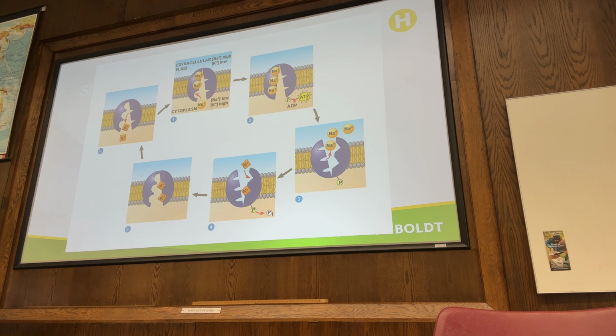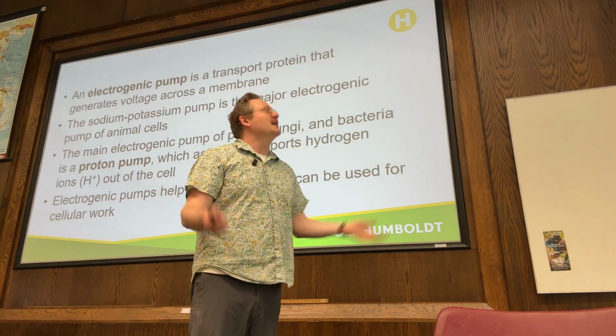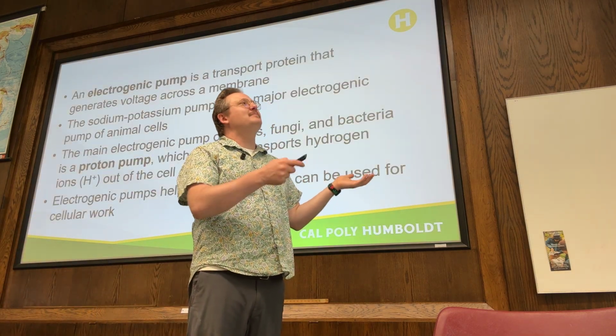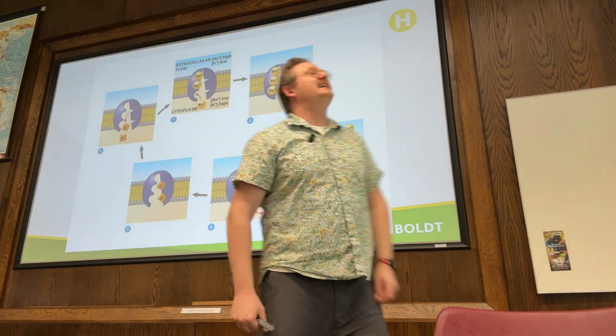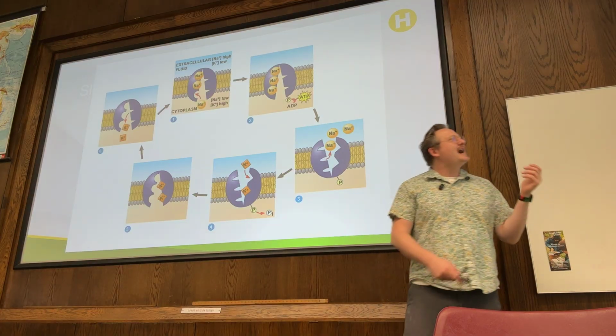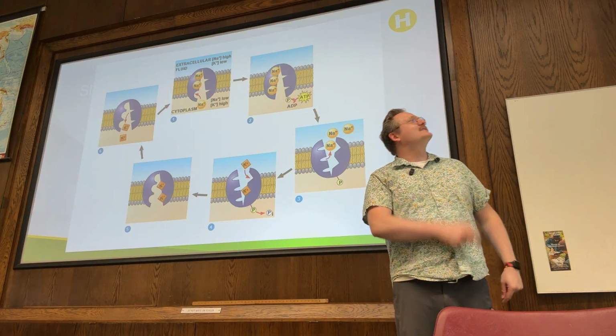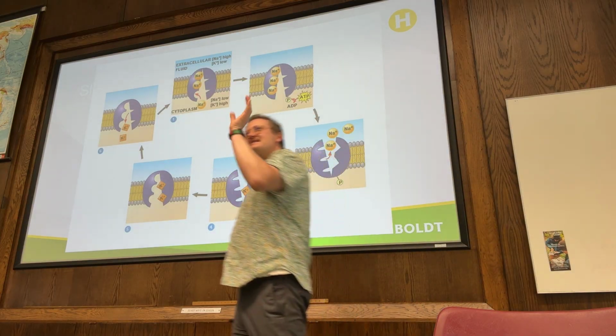This right here is a pump, an electrogenic pump, and what it does is transport sodium and potassium in opposite directions. It sets up a high potassium concentration on one side and a high sodium concentration on the other.